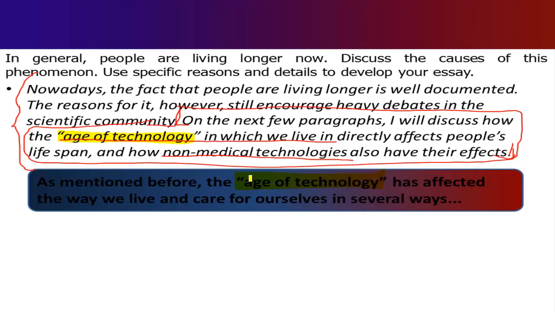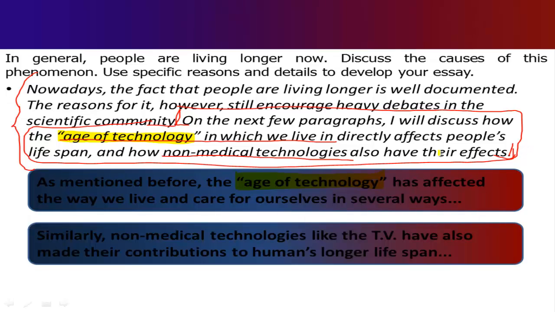that I repeated that vocabulary. I used age of technology in my introduction, and I used it again in my topic sentence, as I said, to provide the reader with an easier understanding of what I'm talking about. It is right at the beginning of the paragraph, so the person knows I'm going to talk about the age of technology.